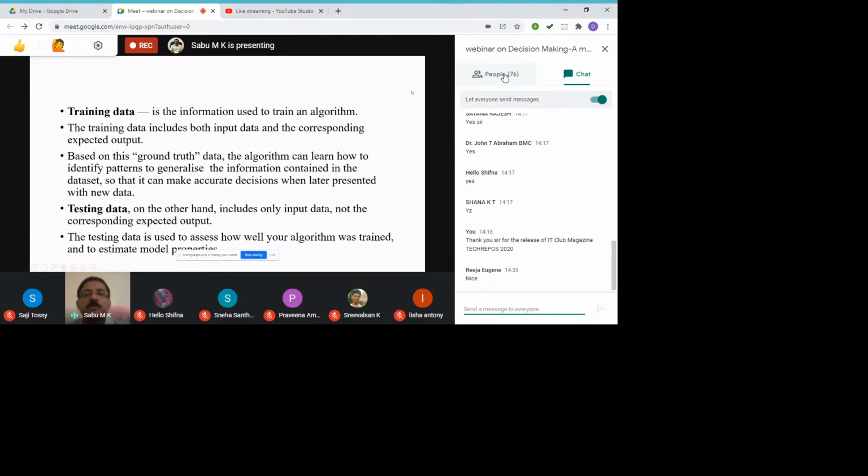Then supervised machine learning, because I'm going to concentrate only on supervised learning. In supervised learning, the training data fed to the algorithm is the labeled data set. Supervised learning tries to find the relationship between the feature set and the label set, which is the knowledge we can learn from the labeled data set.